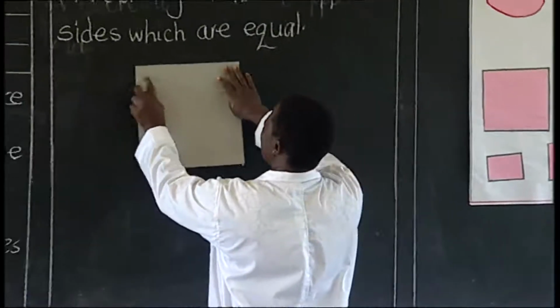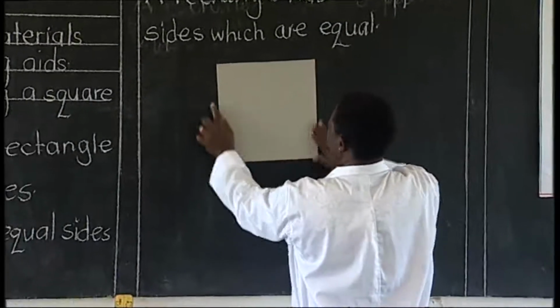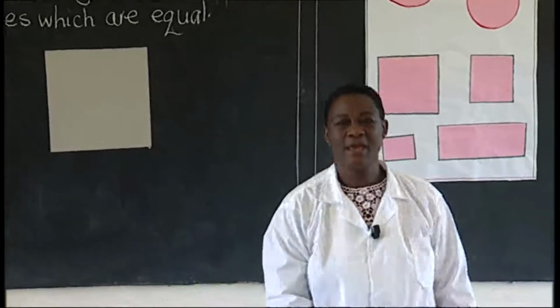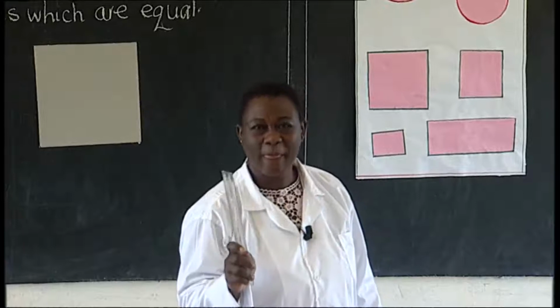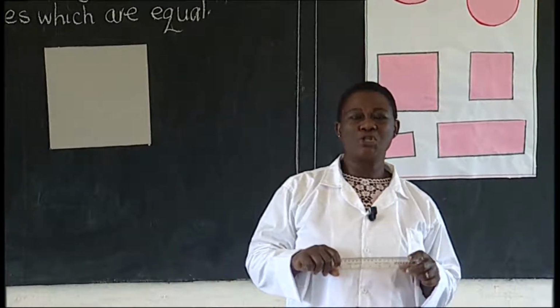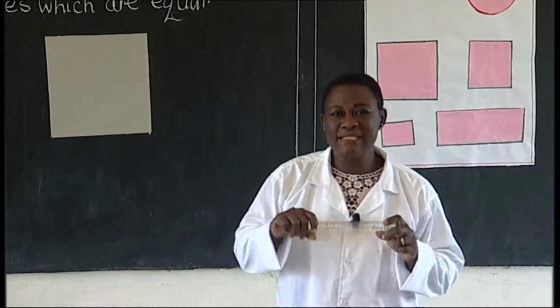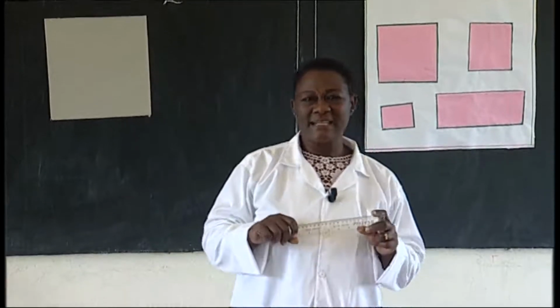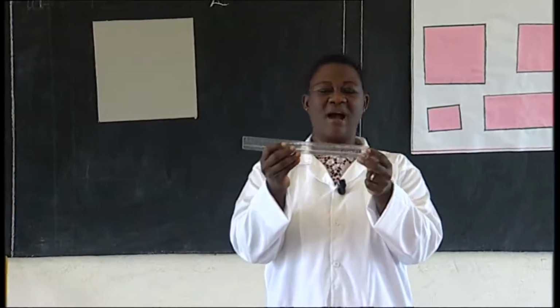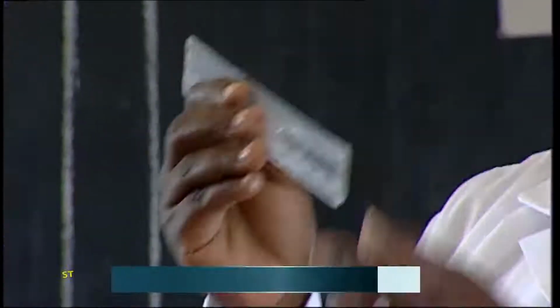We have said that we shall use a paper. So this is my paper here. What do you do first? You get your foot ruler and take the measurements. For the square, we are going to use 10 centimeters. And how do we get the centimeters? Check on your ruler. Do you see where you have 0 and centimeters?